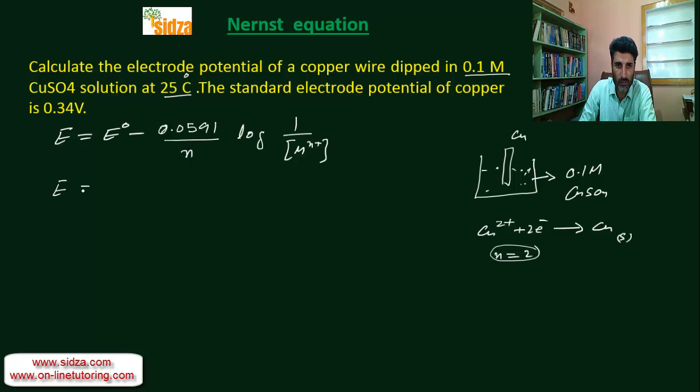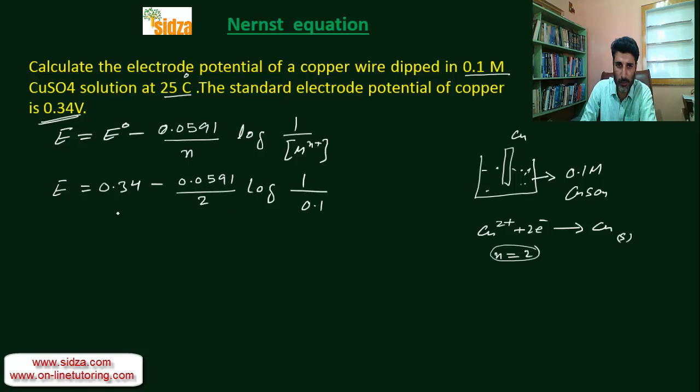The electrode potential will be equal to the standard electrode potential, which under standard conditions is 0.34 volts, minus 0.0591 divided by 2, log of 1 by the metal ion concentration, which is 0.1 molar. Now 1 by 0.1 is 10, so log 10 into 0.0591 divided by 2.